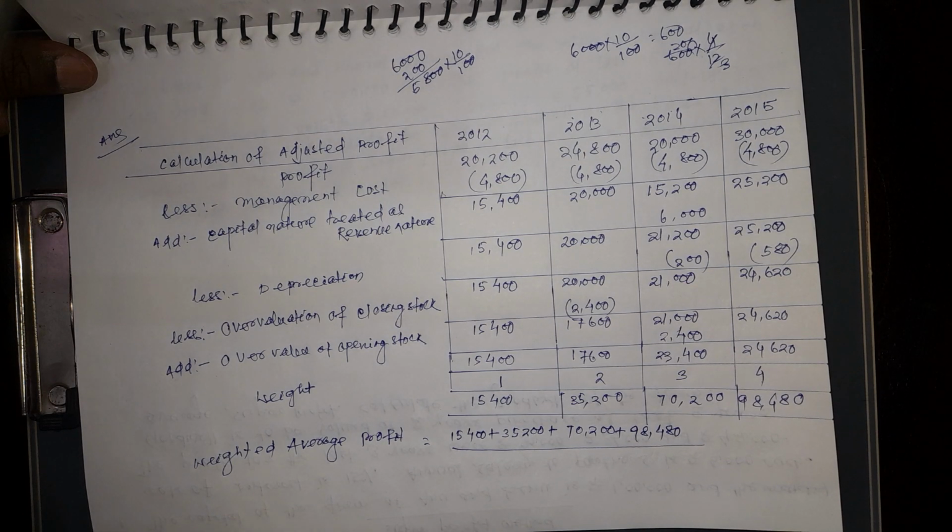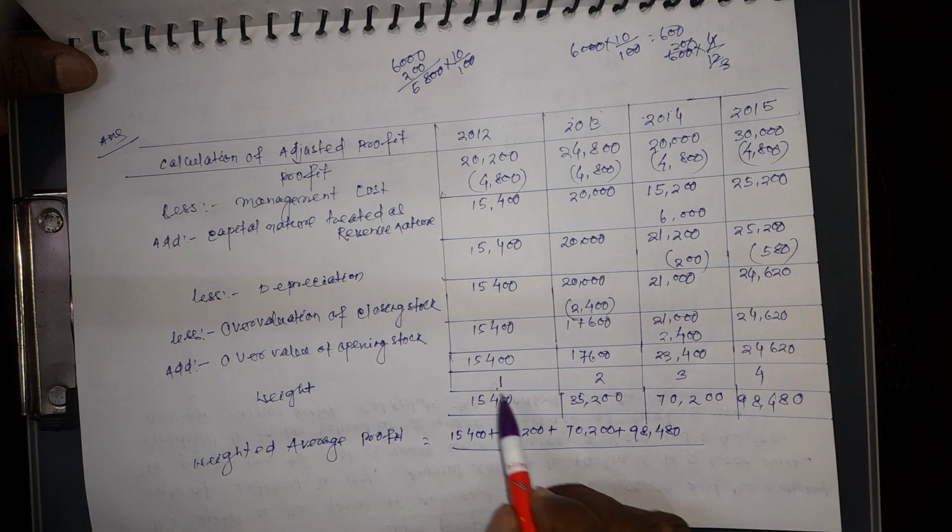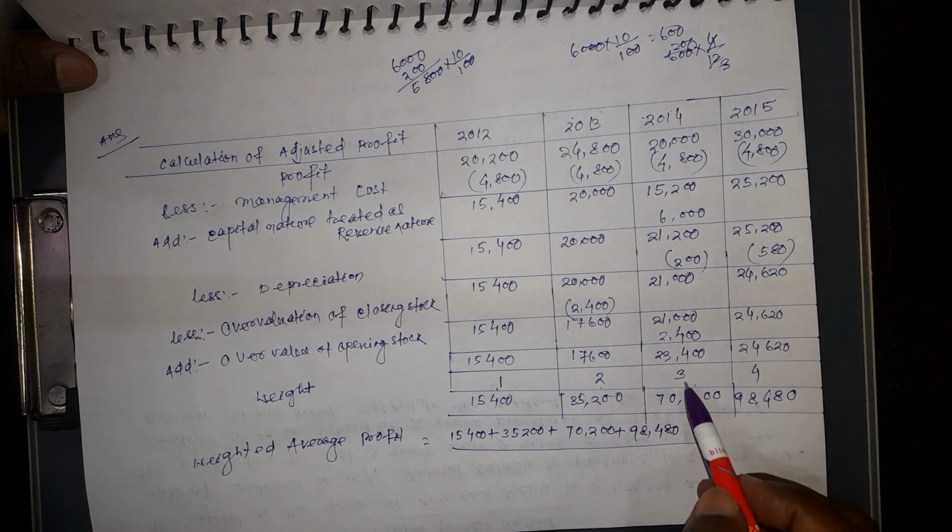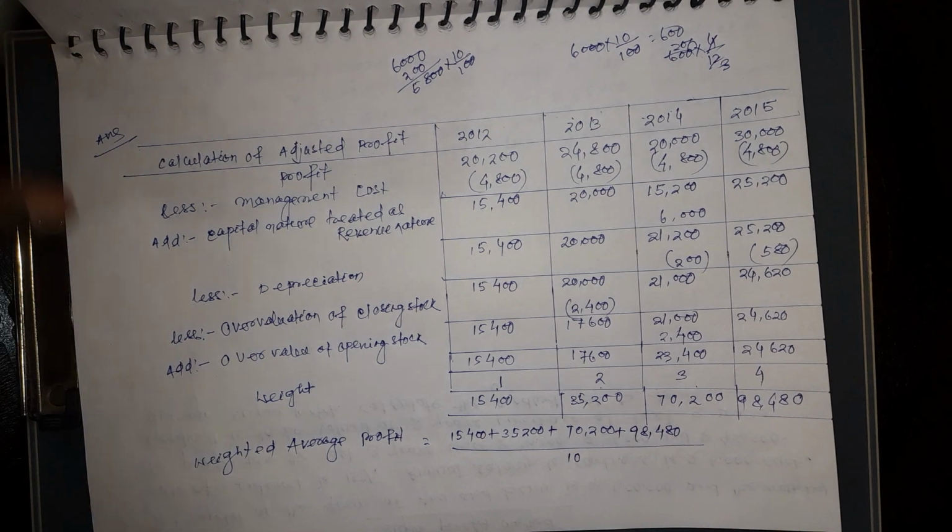Whenever weights are given, you have to add the weights: 1 plus 2 plus 3 plus 4. It will be divided by 10. Clear?